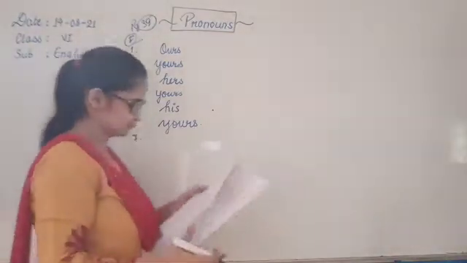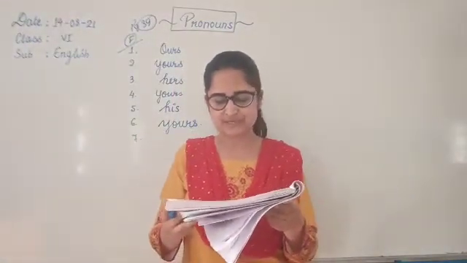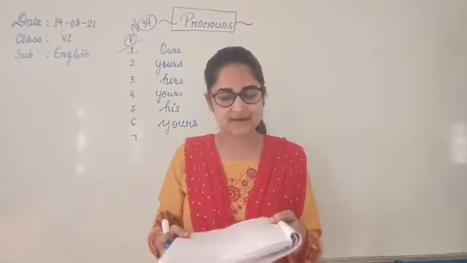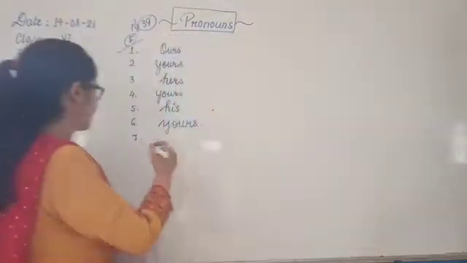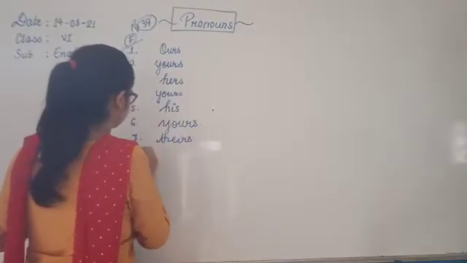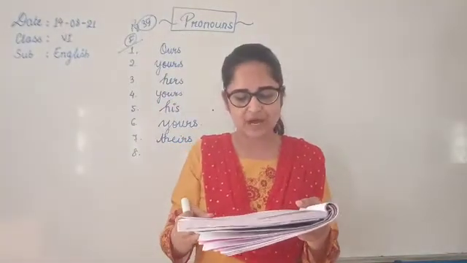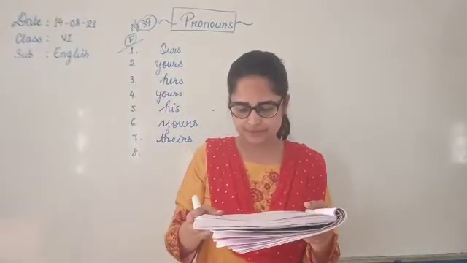Number 7. These cars belong to my neighbors. Even these bikes are theirs. Because I am pointing at someone, I am saying it's theirs. Number 8. Are those chocolates and flowers on the table?